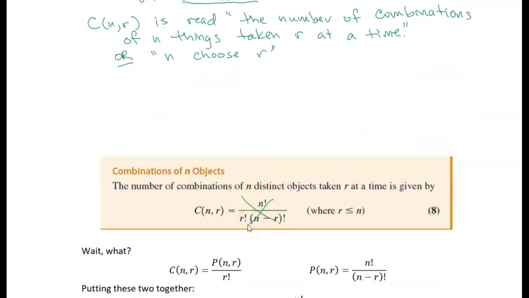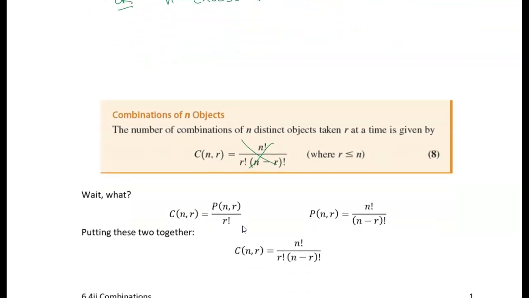That formula just makes it look much more difficult than it really is. I just want you to think it through. Think about it as a permutation. This is the way I prefer to think about it. I think about it as the permutation, and then I'm just dividing out the duplicates by dividing by this r factorial. That's all I'm doing. And to me, that's a lot more understandable than this formula here.